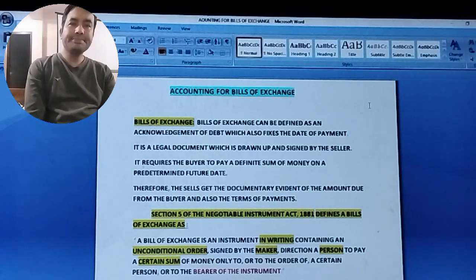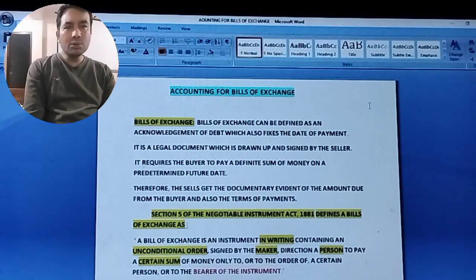So basically, when a person sells goods to another person on credit, there is always a fear of bad debt, that is, whether the buyer will pay the requisite amount to the seller or not.